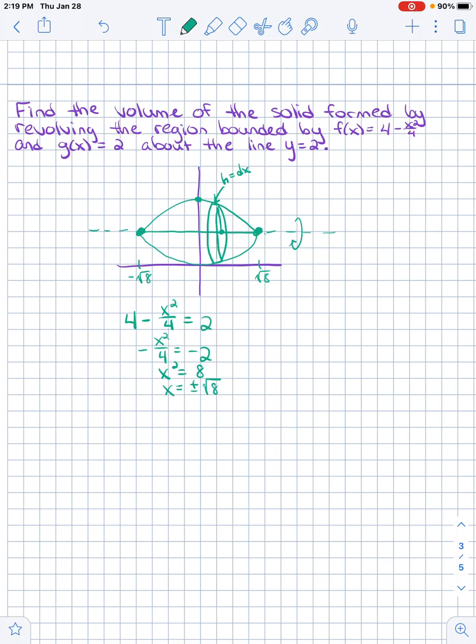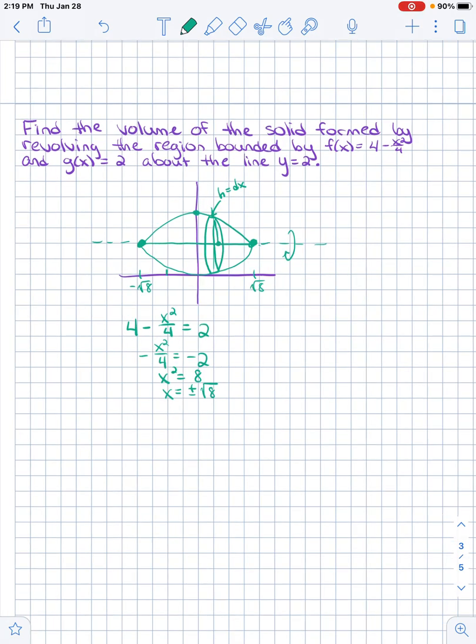The radius is not just the function 4 minus x squared over 4. The radius is shorter than that. If I said the radius was 4 minus x squared over 4, that would be the length from the x-axis all the way to the top. But our radius is shorter than that.